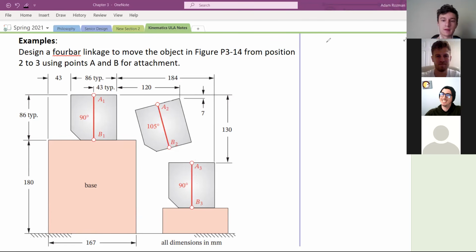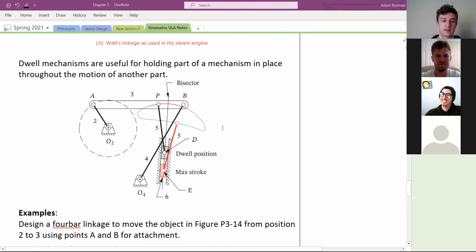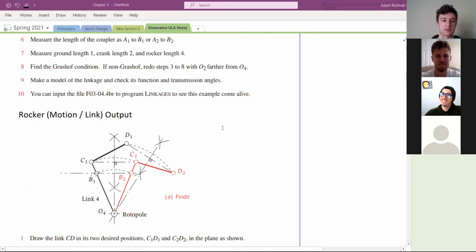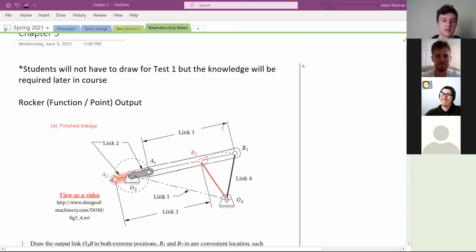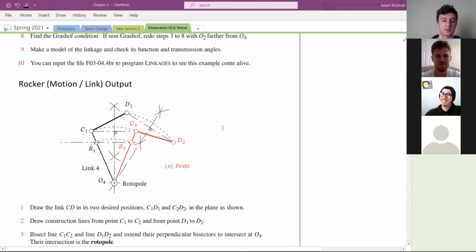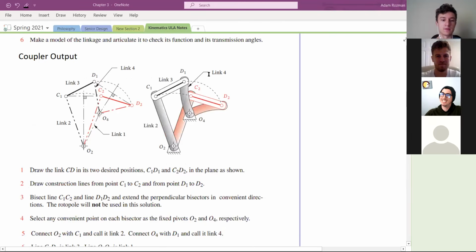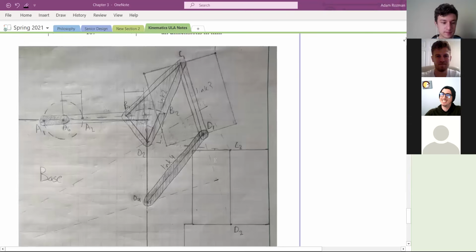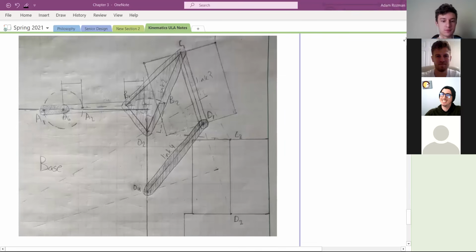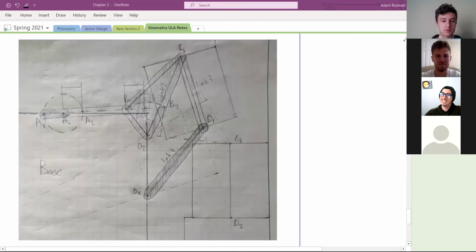So scrolling back up, looking at a couple of these different mechanisms, this kind of looks like what we're looking for, right? Moving a coupler from one position to another. So this is my solution for the problem. I just redrew it on paper. I tried to make it kind of to scale, I guess.